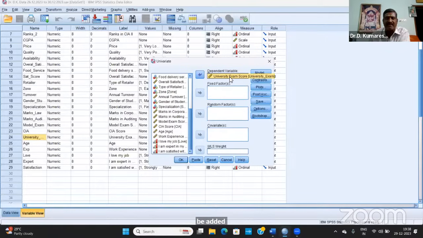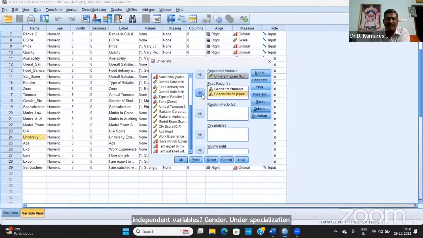So first we have taken the dependent variable. Then what are the independent variables? Gender and specialization. Okay. Now what is the covariate variable? Model exam scores.